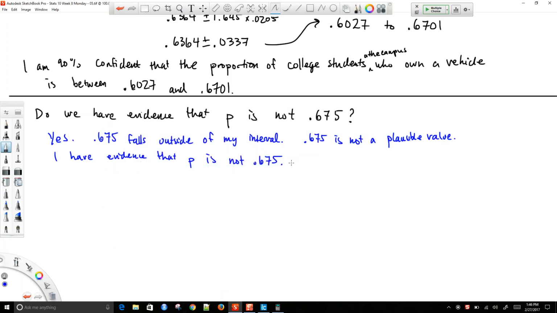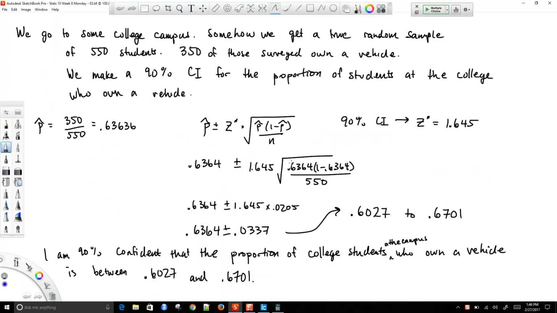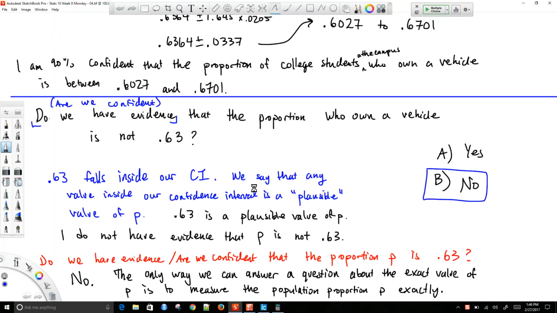What changes when I go from 90% to 95%? The only thing that changes is that this number 1.645, this Z star, will become 1.96. Everything else, my p hat and my p hat times 1 minus p hat over n, is the same.